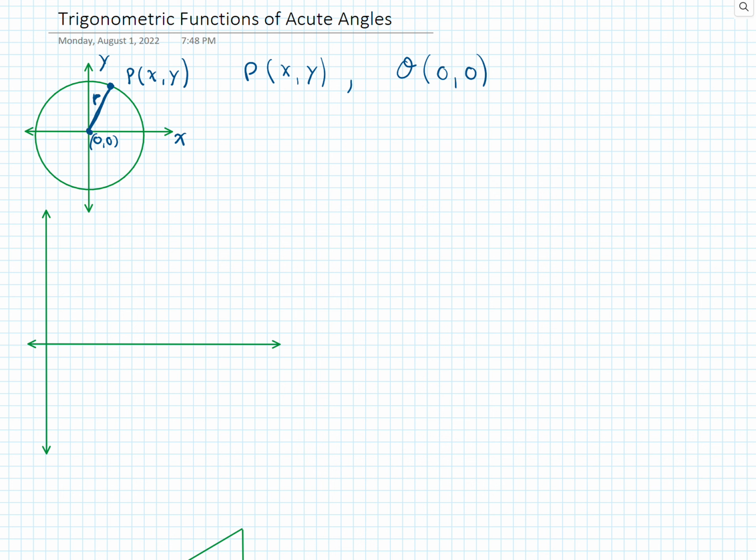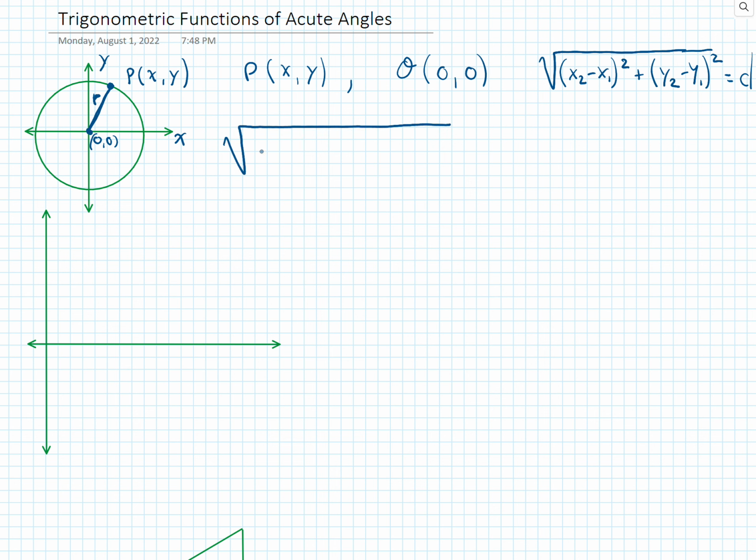And the distance formula, if you recall, was x2 minus x1 squared plus y2 minus y1 quantity squared, and that will be equal to the distance between the 2 points. I'm going to call my distance between the 2 points r because it is the radius of the circle after all.